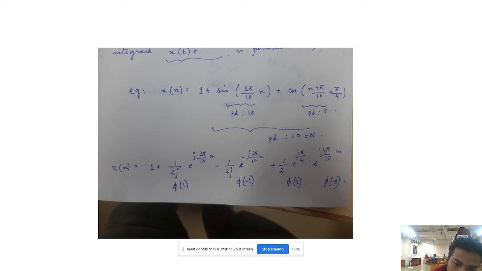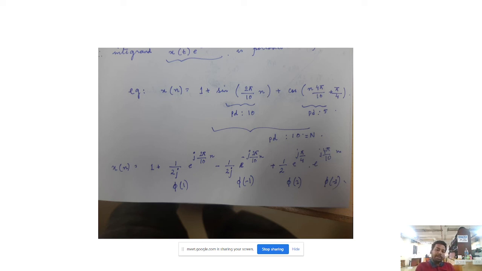Another thing we also know is that e to the power of j theta is equal to cos theta plus j sine theta. I'm just telling you something; if you are not clear, you can tell me again.